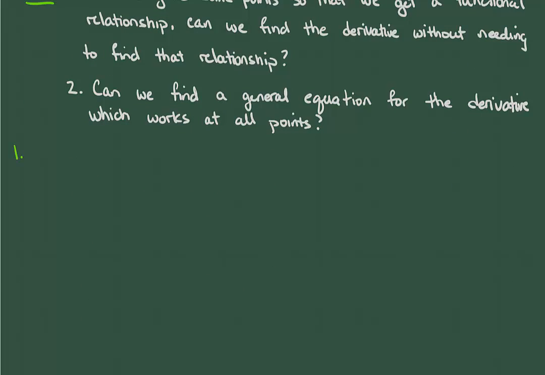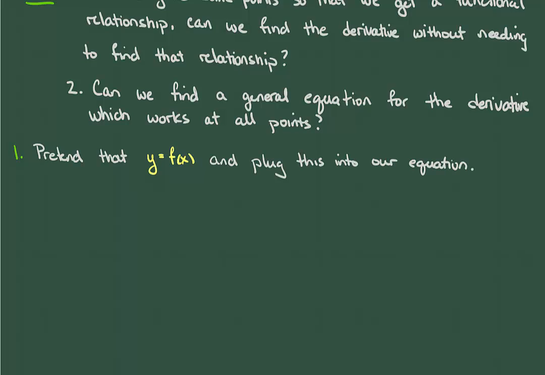The first thing that we do is we pretend that we can write y as a function of x, and we're going to plug this into our equation. In this case, we don't know what f is, but we don't actually care. In the case of the circle, replacing y with f of x gives us this. Next up, we differentiate with respect to x.